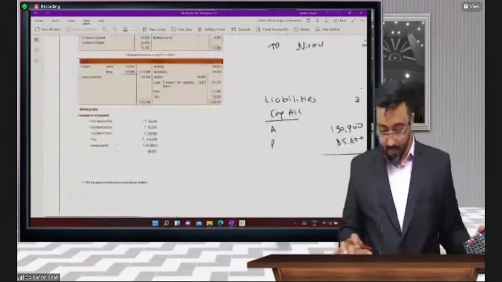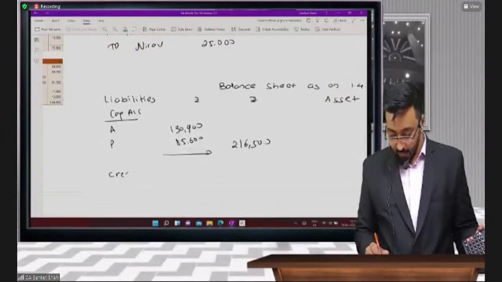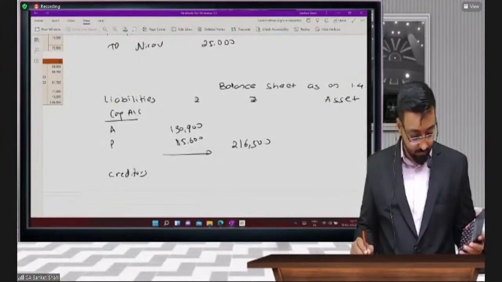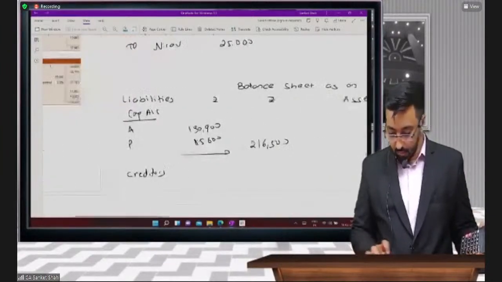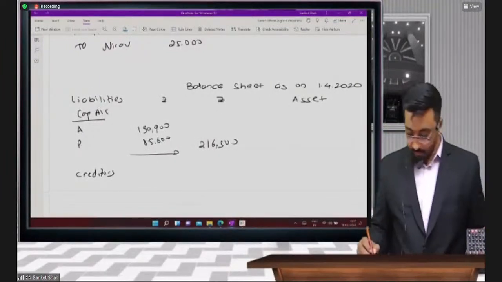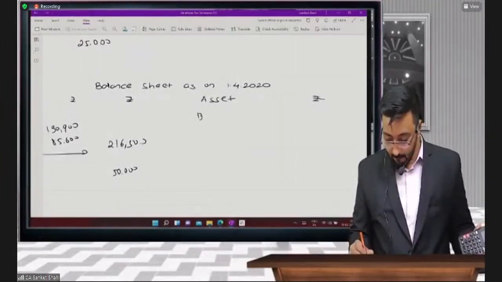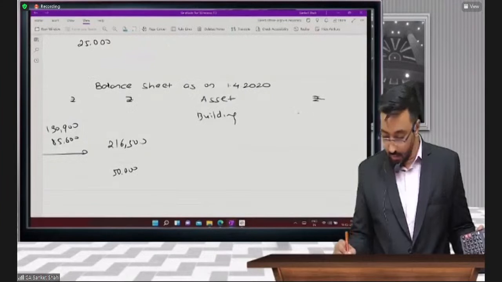Other figures. Creditors, yes, this is correct. Creditors as it is. What is the amount? 50,000. Then you have building. Yes, what is building? 50,000 plus 10,000. Now this is 60,000.